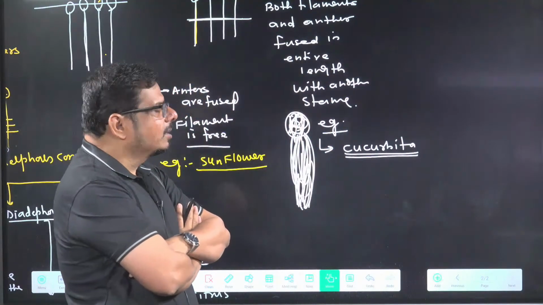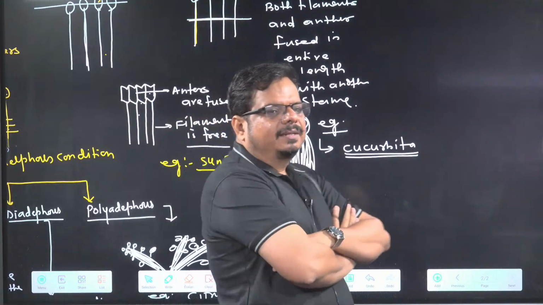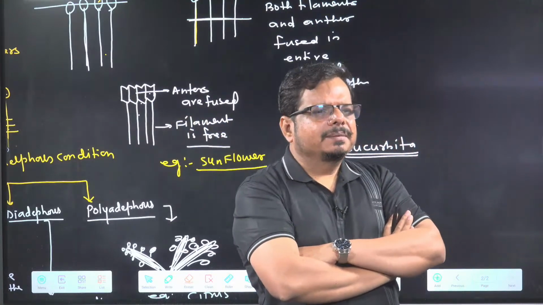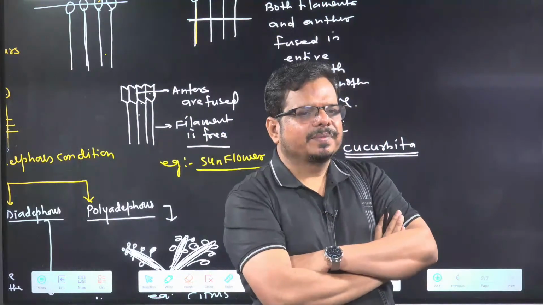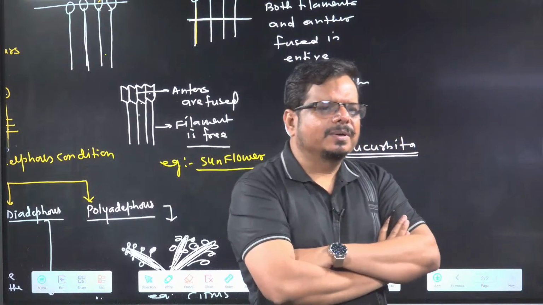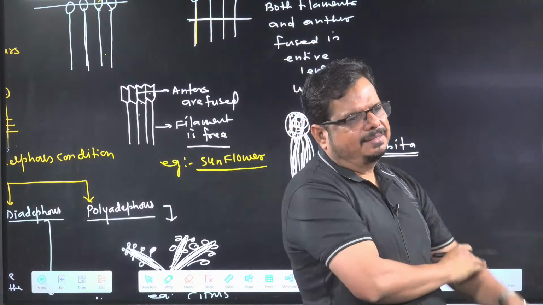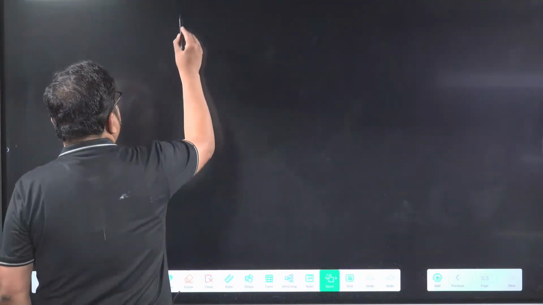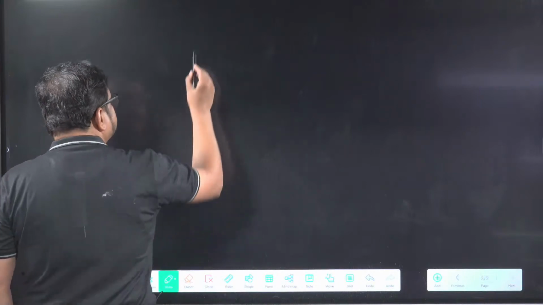Now we are going to talk about adhesion of a stamen. Adhesion means what? When a stamen is fused with the members of another whorl, it is called adhesion. So we are going to talk about the adhesion of a stamen. Have a look. Cohesion is over.